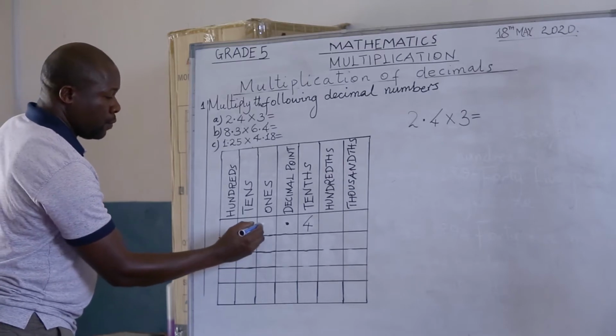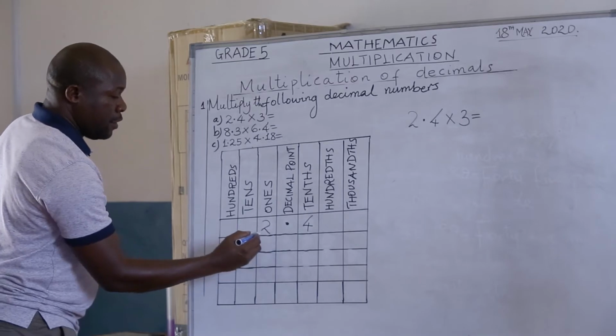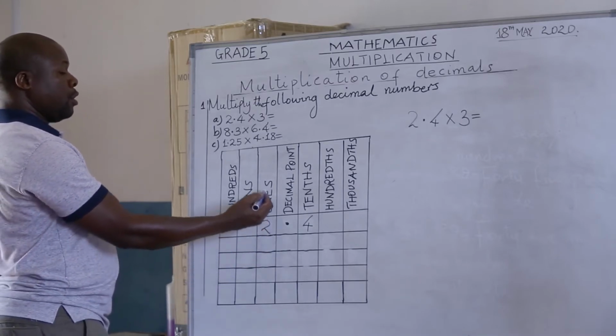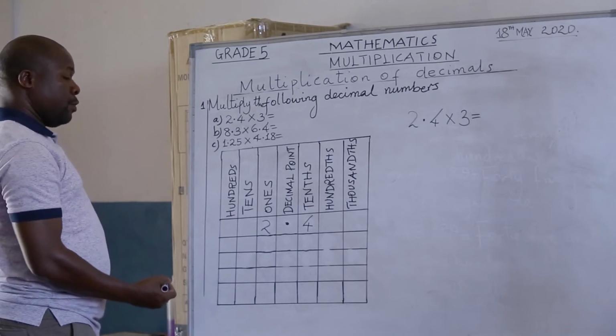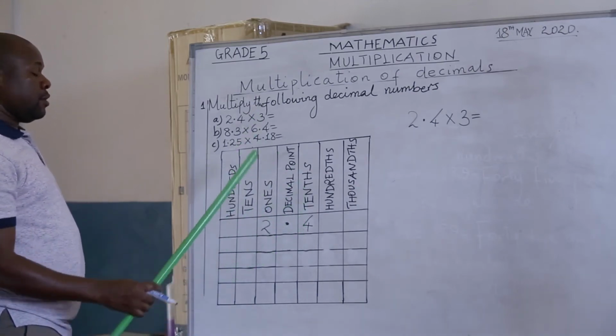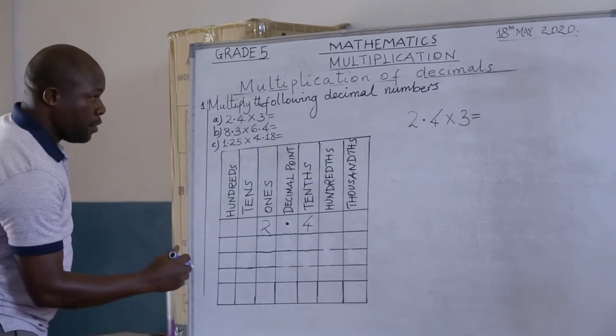Then number 2 will go to the left side. So you will realize that digit 2 belongs to the ones place value, while digit 4 belongs to the tenths place value, multiplied by number 3.